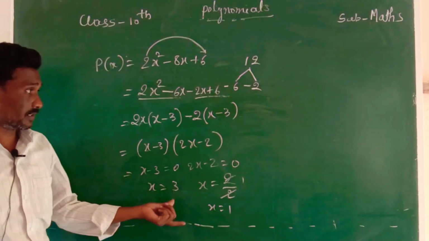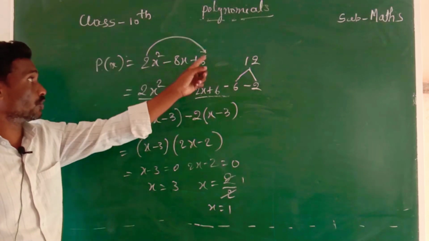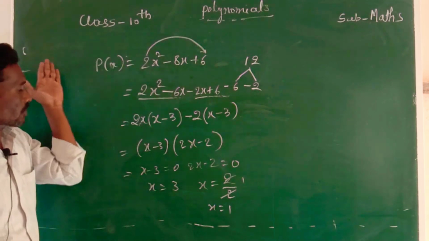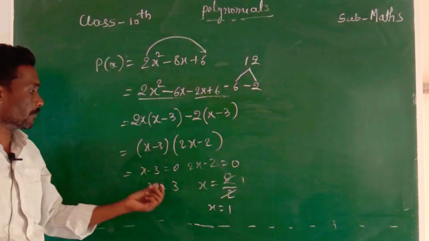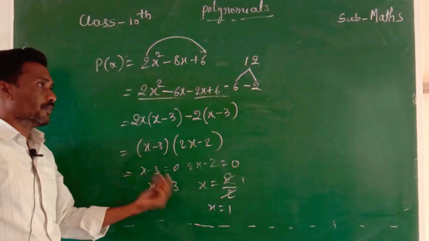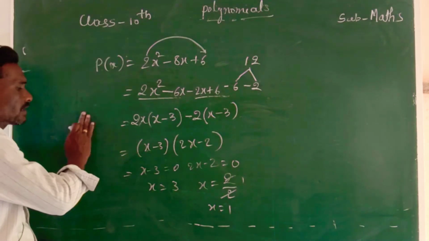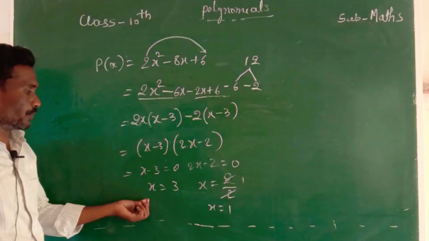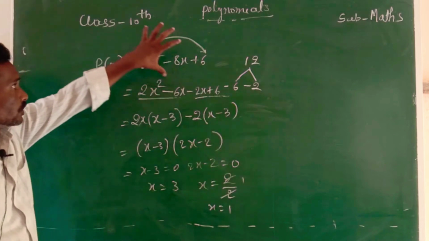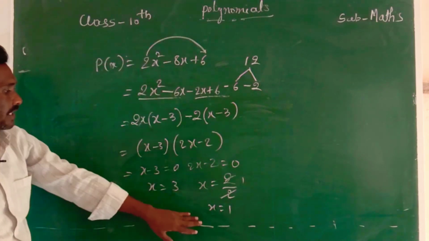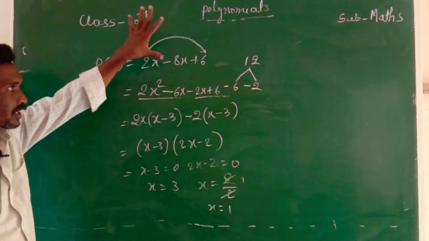If I take this x value, the whole equation becomes 0. Geometrically on a graph, you can take x value, and the y value will be 0. So x is equal to 3 and x is equal to 1 are the zeros of the polynomial. If you substitute the x value here, the whole equation becomes 0.